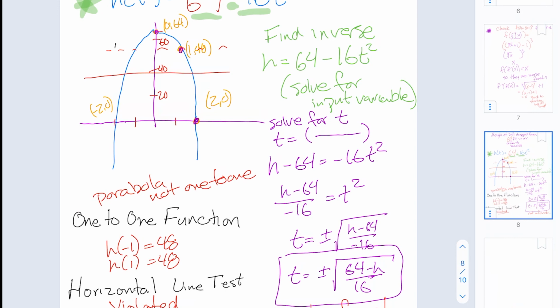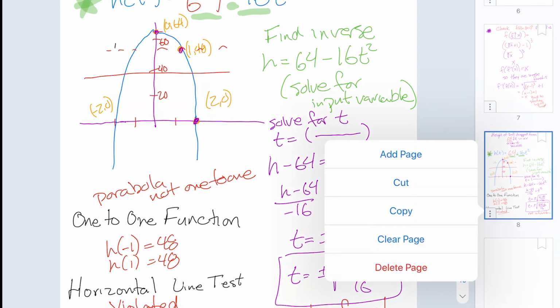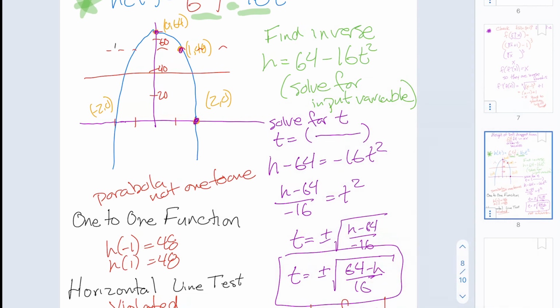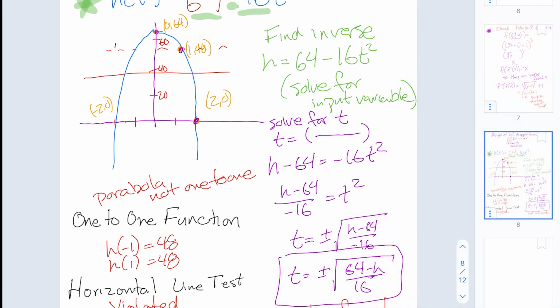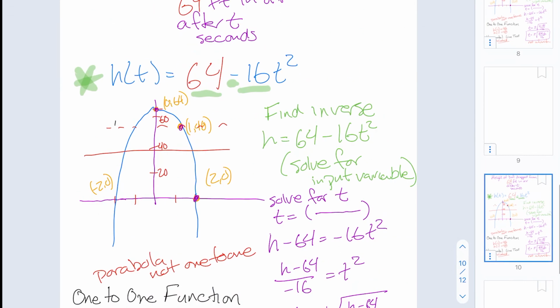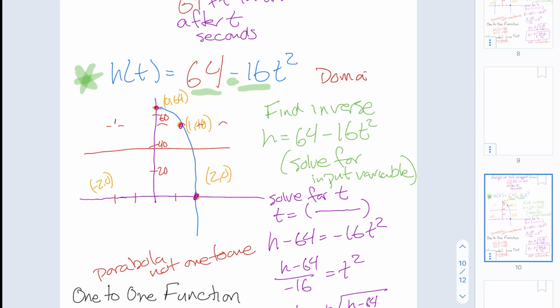What's our save here? How do we save ourselves? Let me copy this and paste it in here. And what's the way to save the problem here? Well, the way to save it is that in real life, the domain of this is only positive numbers. The domain is t has to be positive.